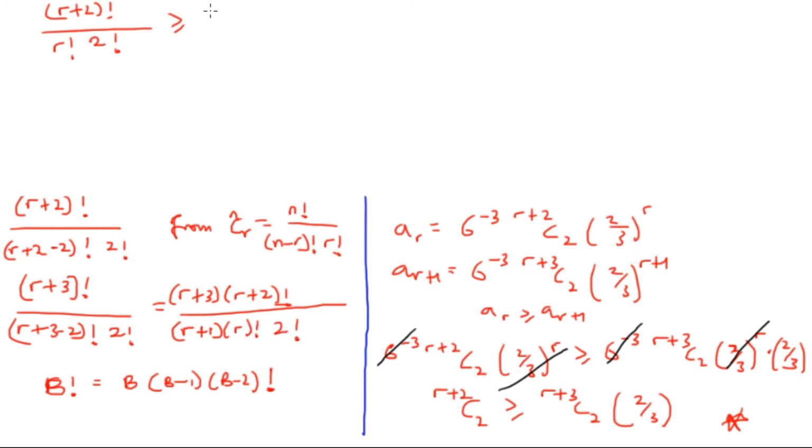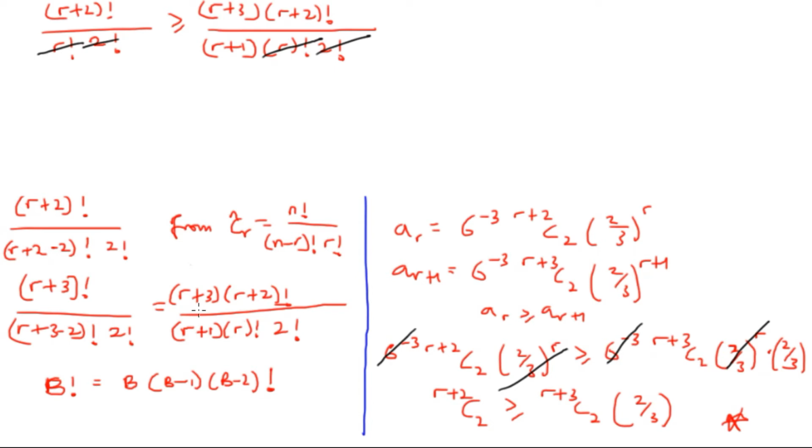So if I put that here, I will have r+3, and then I will have (r+2) factorial upon (r+1), then r factorial, 2 factorial. Some can cancel out: 2 factorial will cancel out, r factorial will cancel.